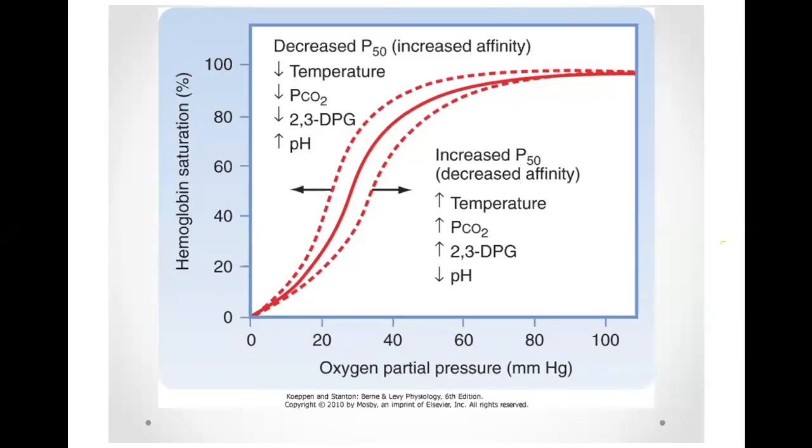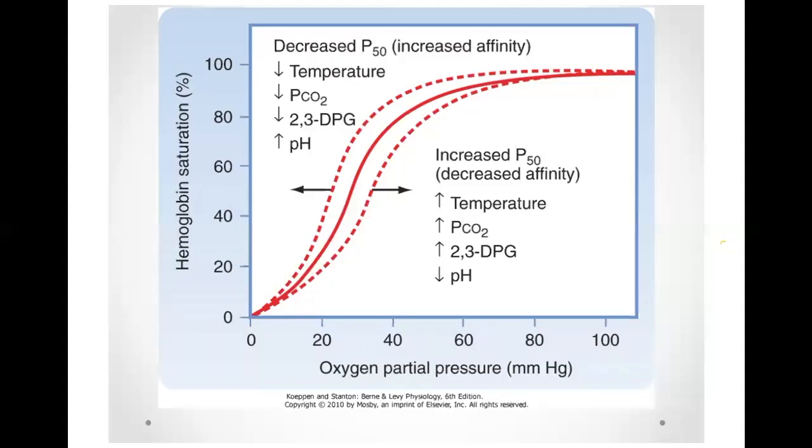Then on the other axis, we have the partial pressure of oxygen below, from 0, 20, 40, 60, 80, and 100. And the unit is millimeters mercury, or mmHg. Hemoglobin saturation, the unit is percent.